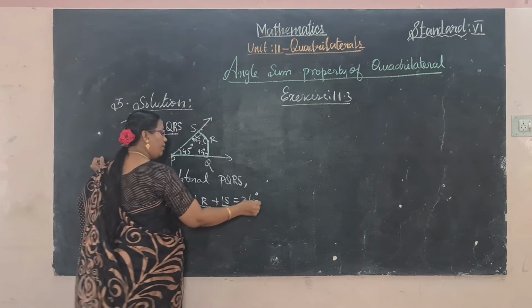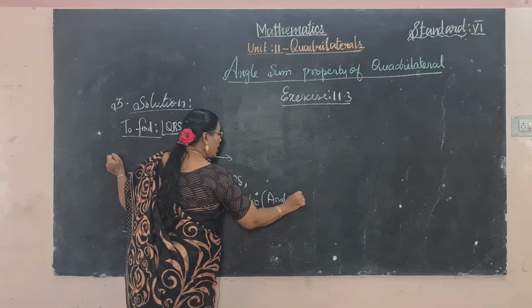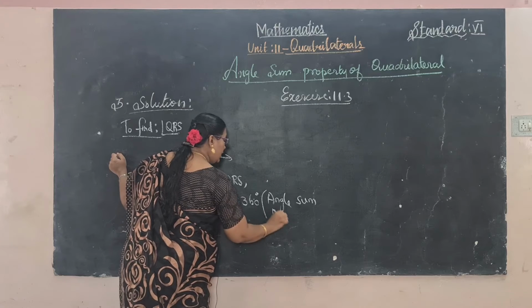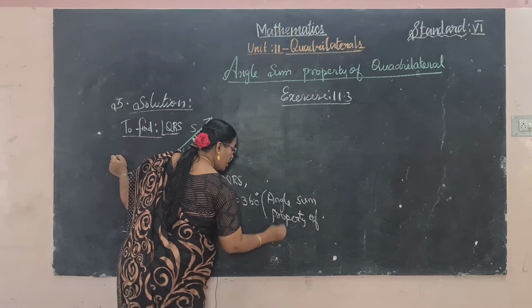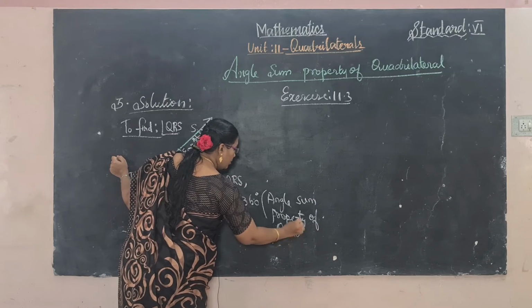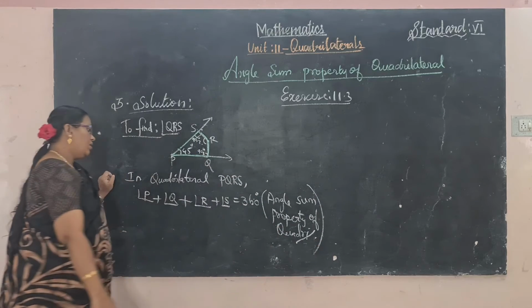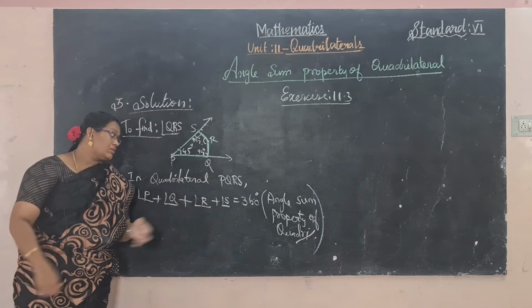Which property have you applied in this place? Angle sum property of quadrilateral. Angle sum property of quadrilateral means the sum of four angles is 360 degree.